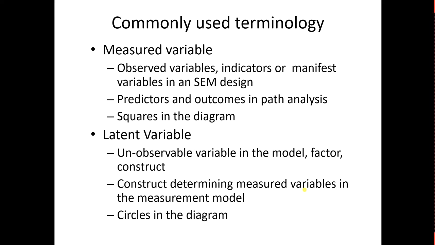They are modeled on the basis of observed variables or indicator variables or manifest variables. So, these latent variables are the variables which are assumed to determine the indicator variables, and they are generally represented in pictorial diagrams by circles or oval shapes.